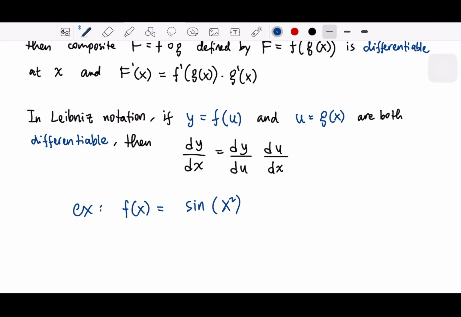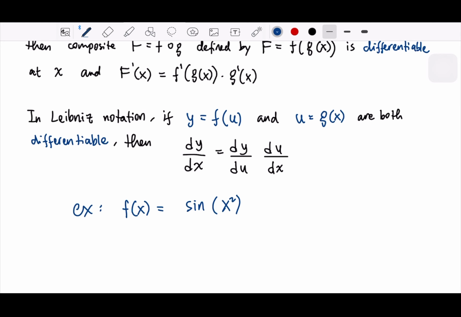So we have sine and we have x squared inside this sine. We can think of this as a composite. The big function is sine, and we are going to have the x squared inside the sine, right?